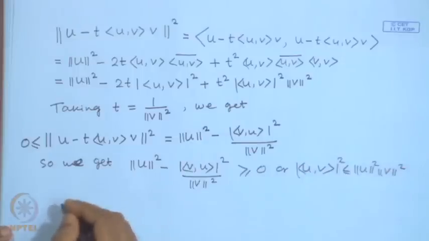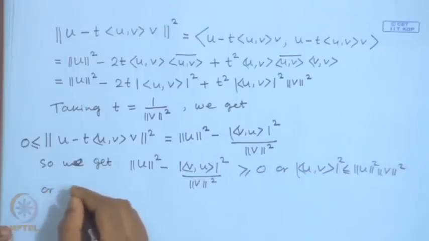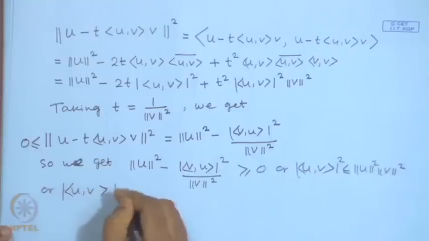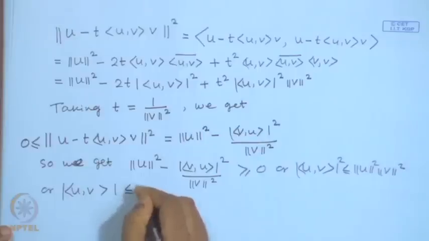Then taking positive square root on both sides, we get the inequality in the theorem.